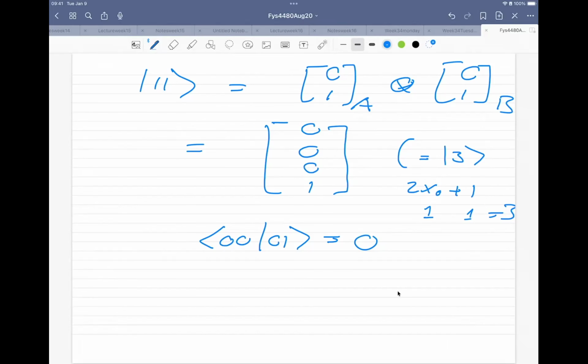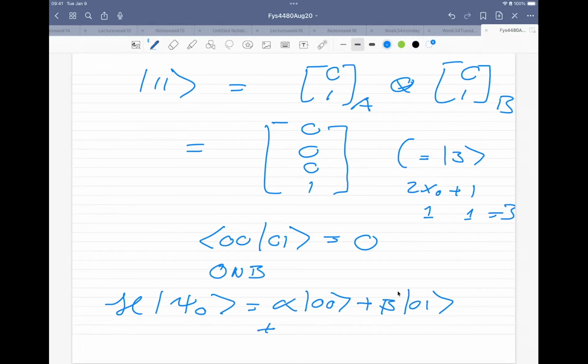Okay, but so this is an orthogonal basis, right? So it's an ONB, and that means that if I now take the full Hamiltonian and I have a state which I want to recognize as the lowest lying state, so we put a 0 here, that could now be a linear combination of these four states. And then I would have |0,1⟩, plus a gamma |1,0⟩, plus a delta |1,1⟩.